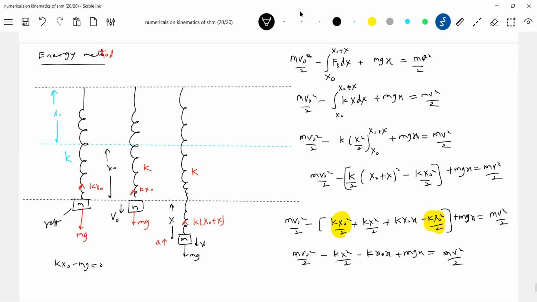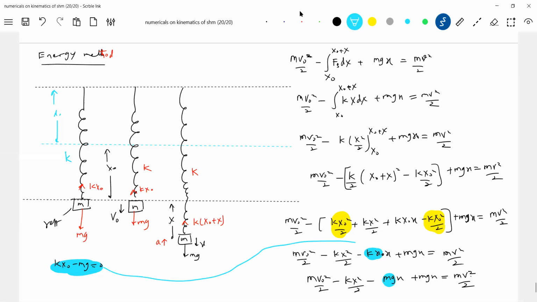What is kx naught? Kx naught equals mg. Let me substitute that. Try to see that kx naught equals mg.